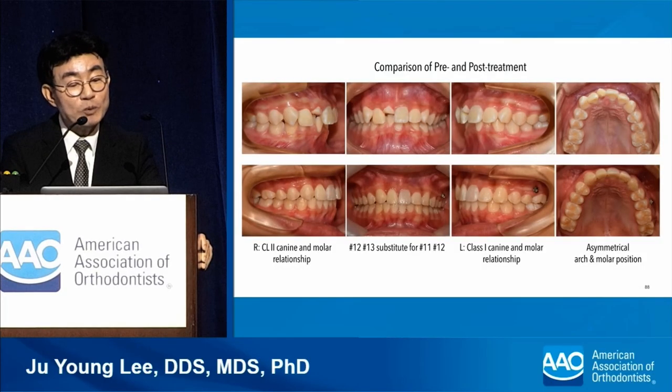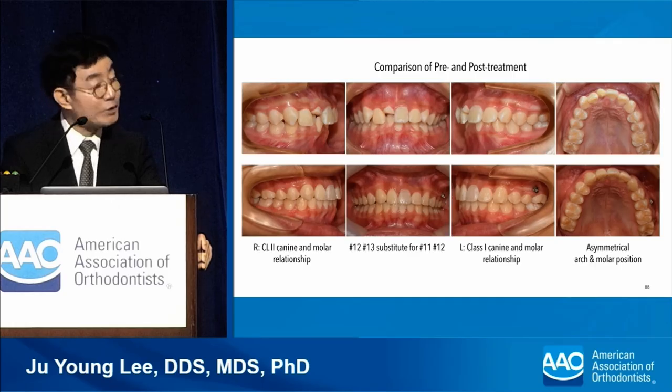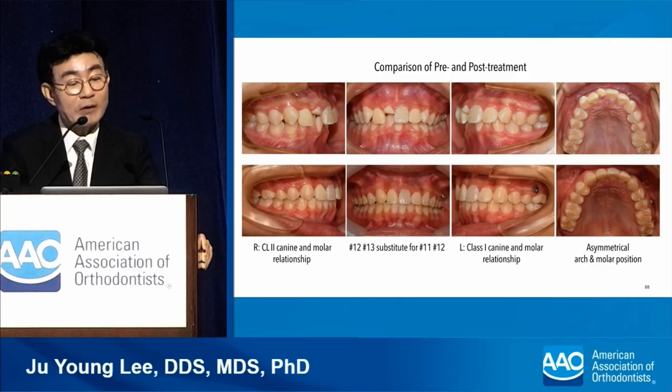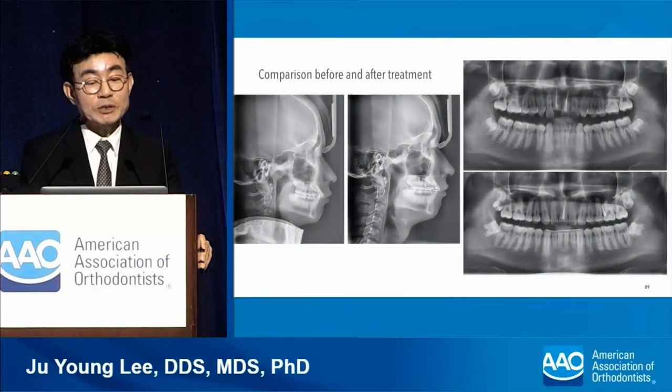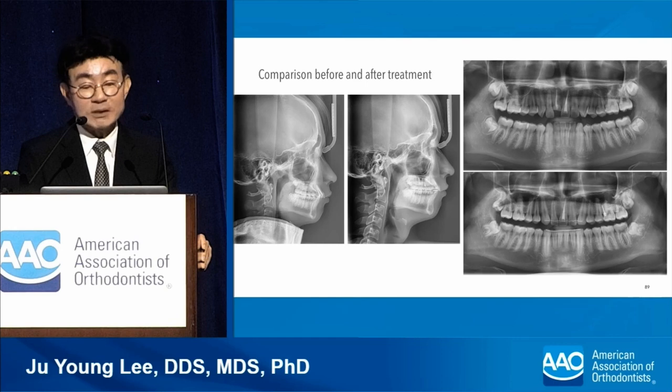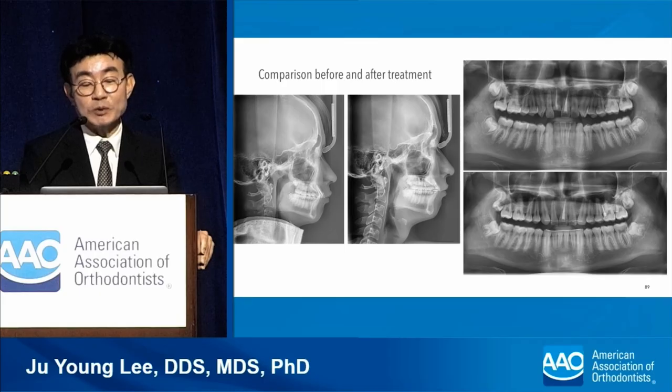The major movement of the maxillary teeth on the right side resulted in an intentional asymmetry of the posterior teeth position. The posterior teeth were sufficiently moved forward to close the extraction space of the maxillary central incisor without causing a significant change in the anterior-posterior position of the maxillary anterior teeth.